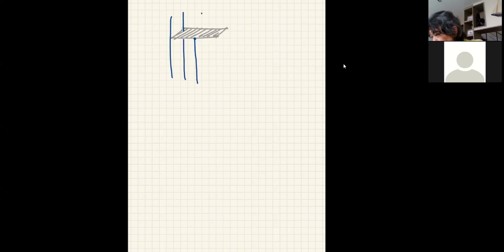If I draw the building, it becomes just a flat plate of one floor, correct? And then we would have columns, maybe at some point more columns, and then more columns, stuff like that.